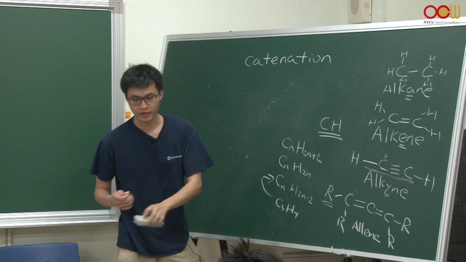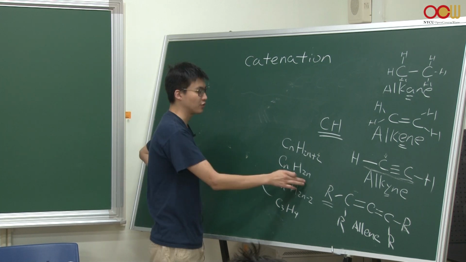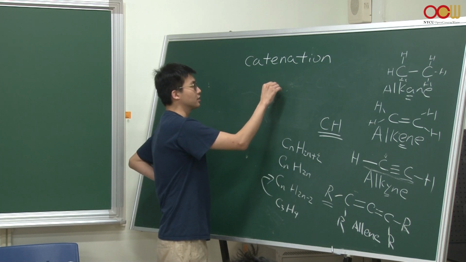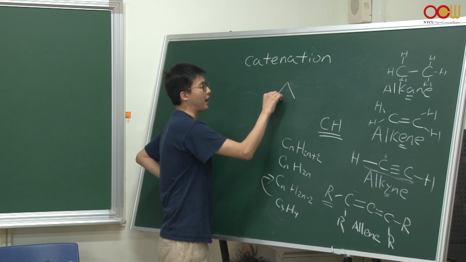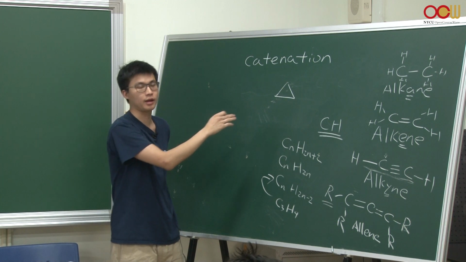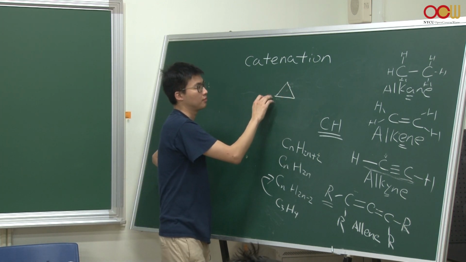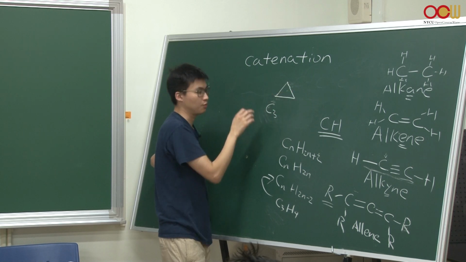Let's look at alkene. It has a CnH2n ratio, right? Let's talk about cyclopropane. We call it propane with 3 carbons. Cyclopropane has 2 hydrogen on each of these points.